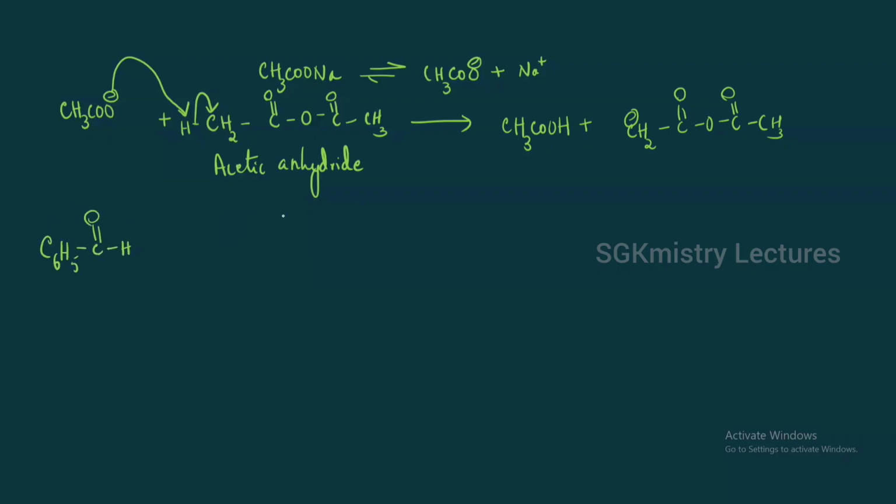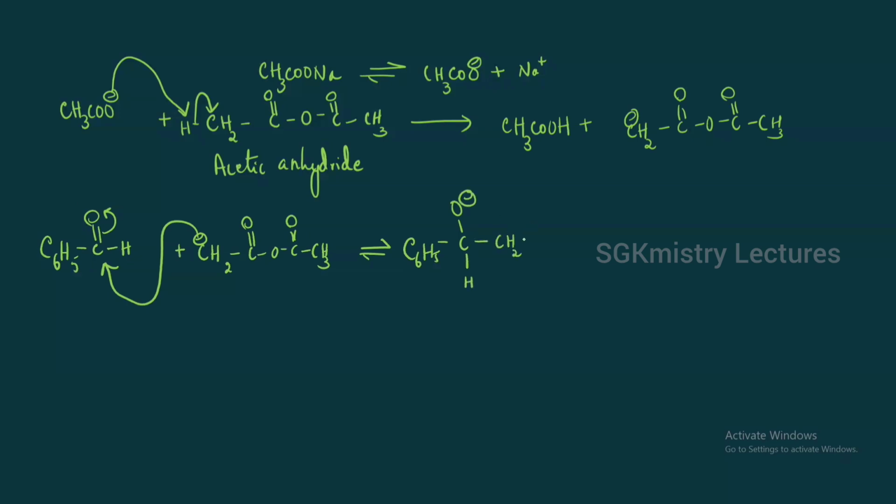So here this carbanion is going to attack the carbonyl carbon. So CH2COOCOCH3. So this attacks the carbonyl carbon. This bond shifts here. So here you're going to get C6H5, CO minus. Here that will be H. Here CH2, CO, O, CO, CH3.